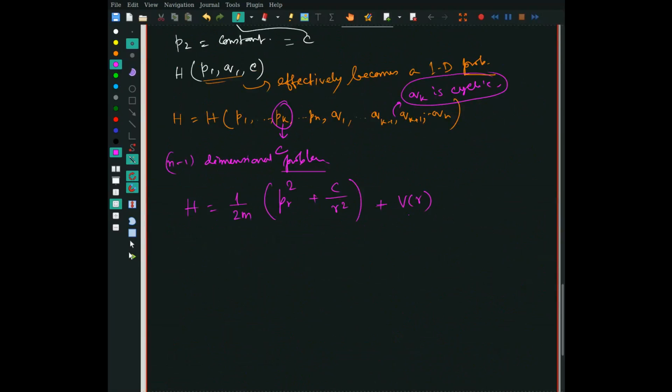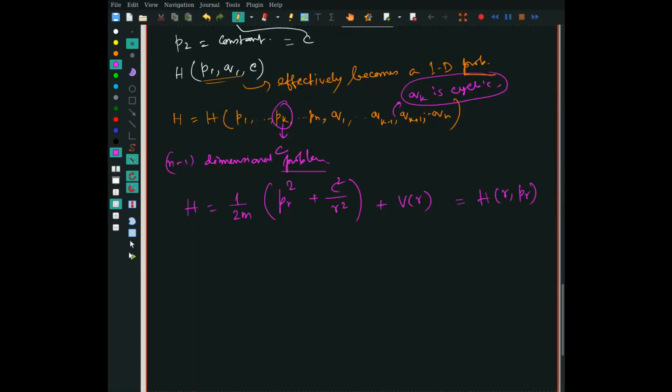Maybe this is C square, whatever, it's a constant. I notice that this Hamiltonian only depends on r and pr, so I have reduced my problem to an effectively one-dimensional problem.